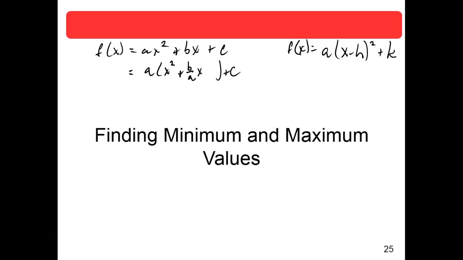Okay, what do we do in the parentheses? Okay, not quite. Remember, if those were numbers there, we take half of that, the linear value, right? What we were calling b, take half of that.